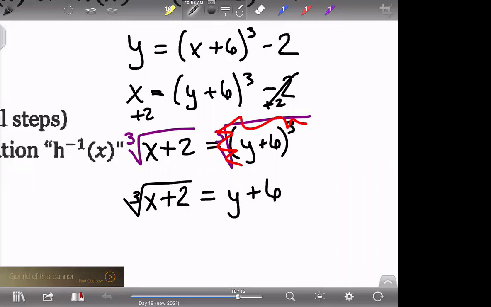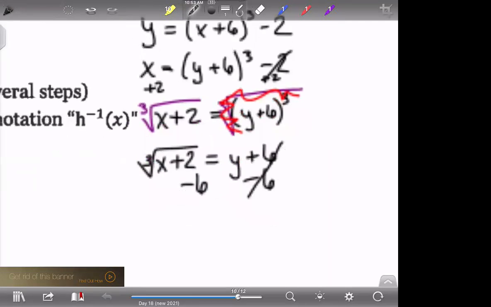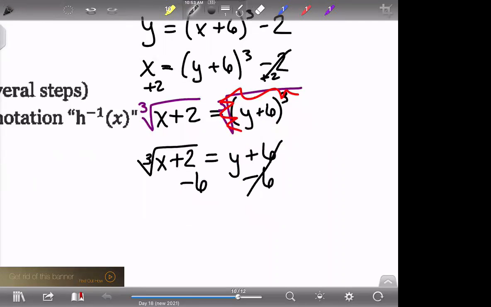In order to get y by itself, I need to subtract 6 from both sides. As I mentioned earlier, we cannot combine the 6 and the 2 here because the 2 is underneath the cube root. The 6 will not be. So the cube root of x plus 2 minus 6 equals y.